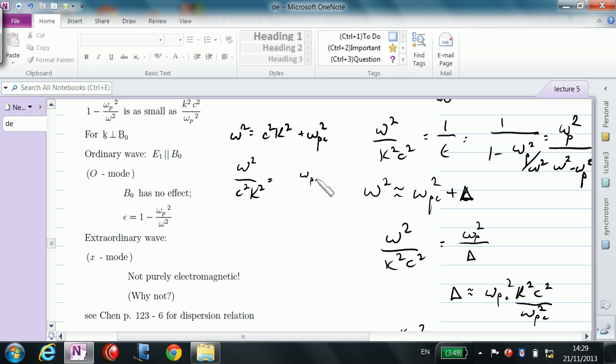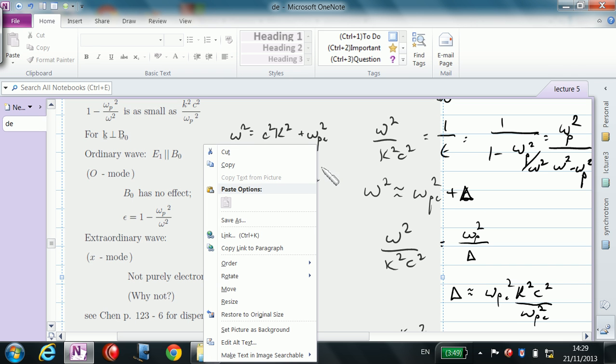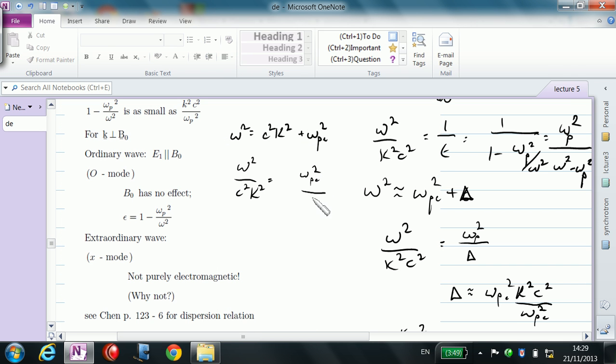It's equal to omega pe squared over k squared times 1. Now, does that give this? Does it?